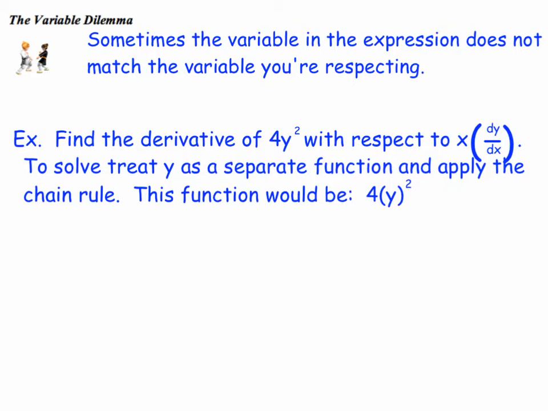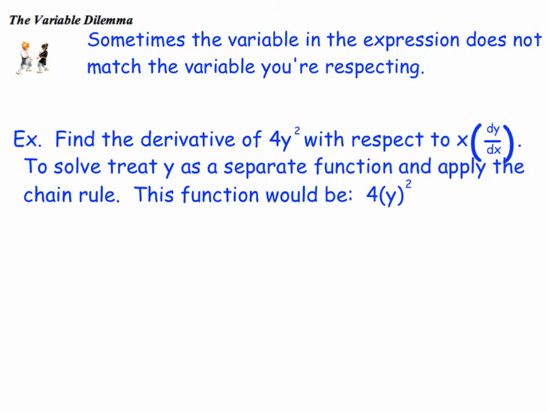So here we have the variable dilemma. We need to find the derivative of 4y squared with respect to x. So to solve this, we treat y as a separate function and apply the chain rule.